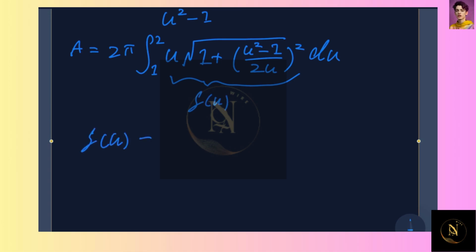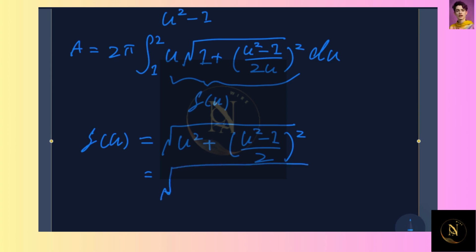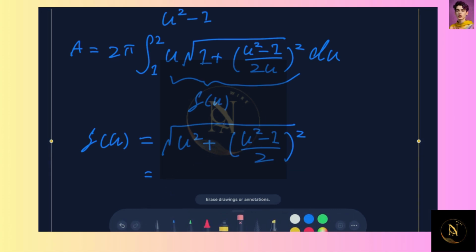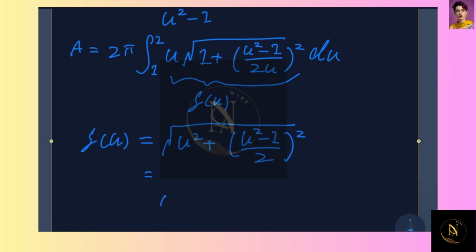G of u can be simplified to this expression, 1 plus u squared minus 1 over 2u squared, which is equal to 1/4 times 1 plus u squared.